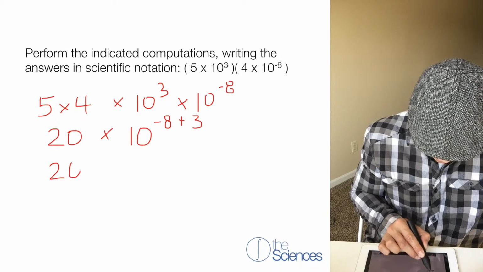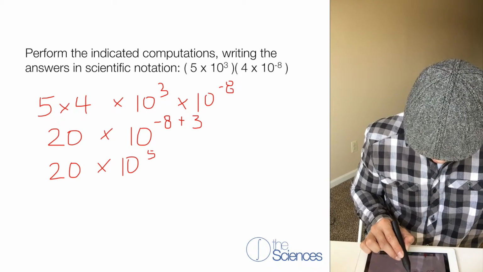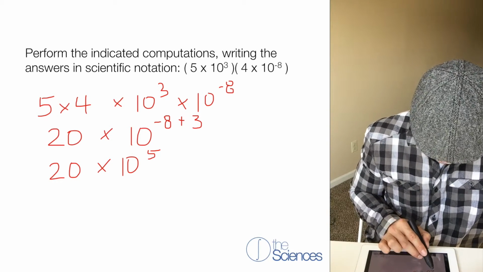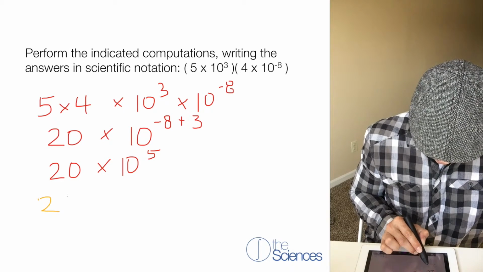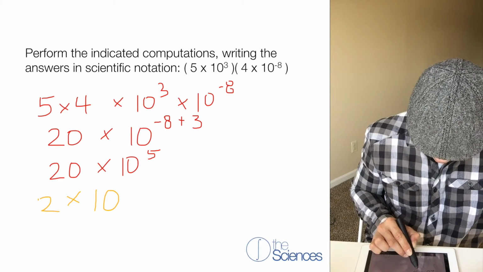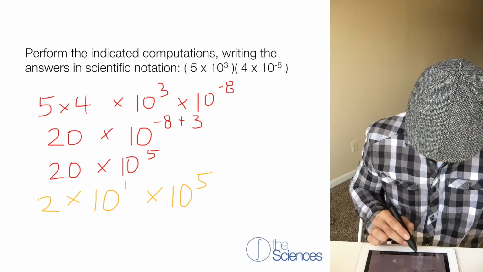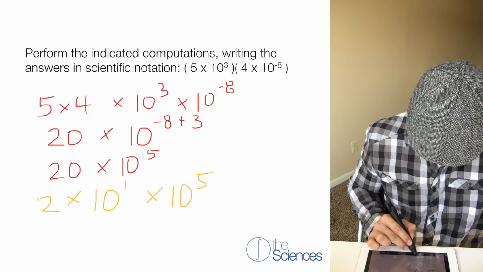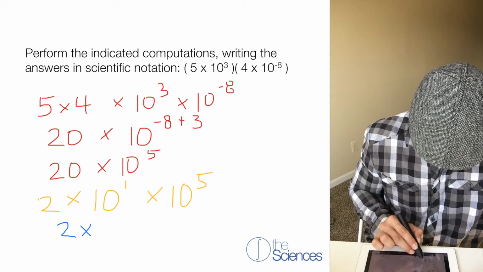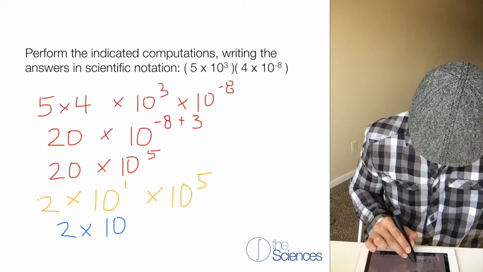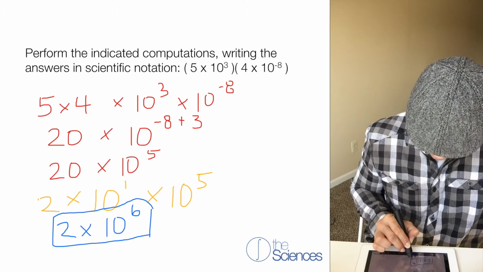So that gives us 20 times 10 to the negative 5th power. Now we can break down 20 into 2 times 10 to the 1st power times 10 to the negative 5th power, which gives us 2 times 10 to the negative 4th power. So that's our answer.